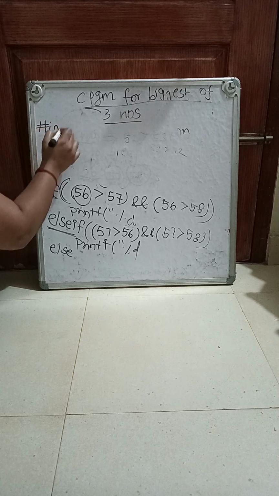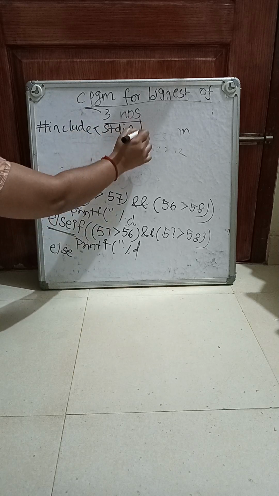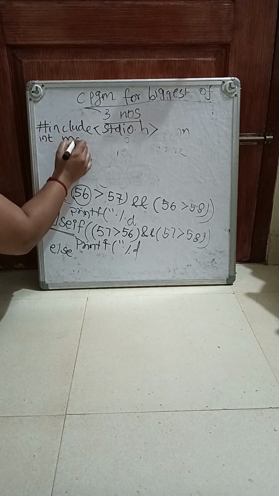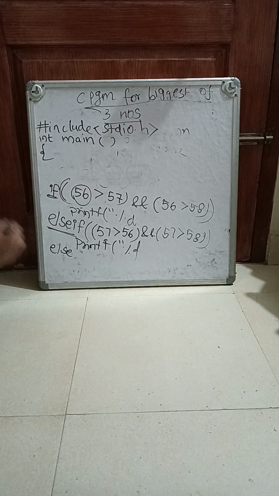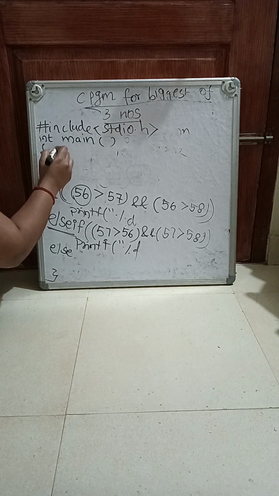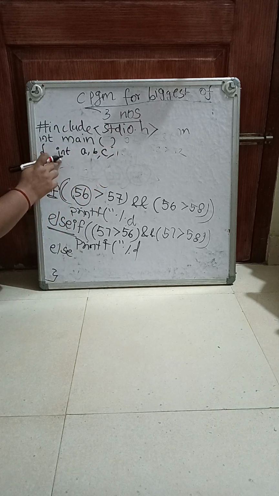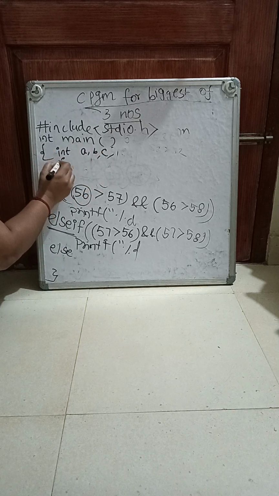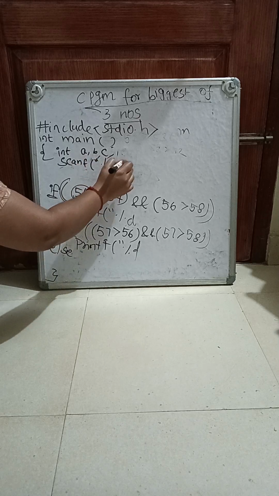First I have to add our #include statement. So #include stdio.h, and we are going to add a main function as int main. Once I have opened the curly brace here, I have to close it here. And here I am going to declare three numbers of integer data type, so A, B, C. Now I am going to read these three numbers from the user.